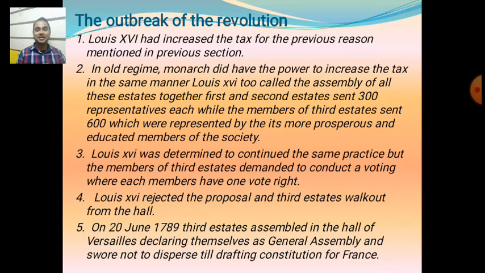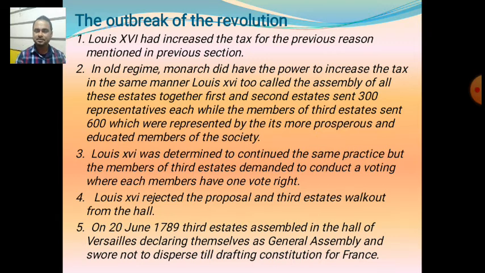Now this is how, as I told you, the National Assembly came about. What is the General Assembly? In the first timeline we have seen, the General Assembly is nothing but the representatives of the third state who walked out from the hall of Versailles, where they were called to discuss the increase of taxes. When they put forward the demand of conducting a vote, with each member of the assembly given a voting right, Louis XVI rejected the proposal.